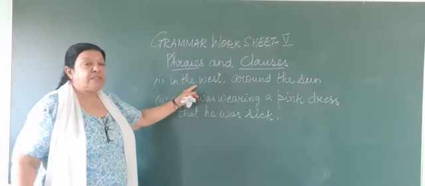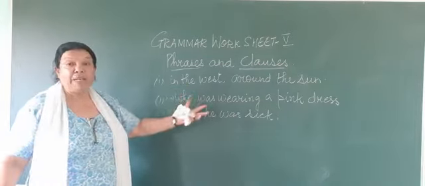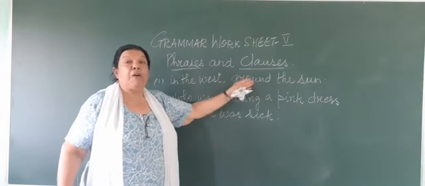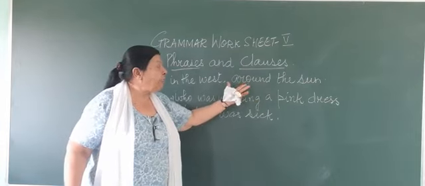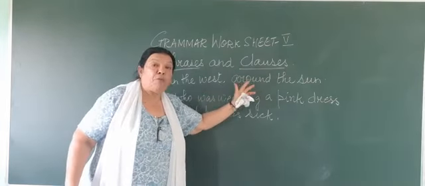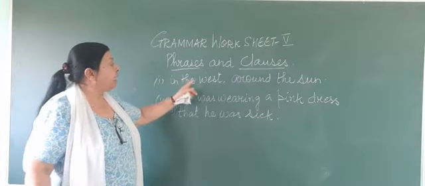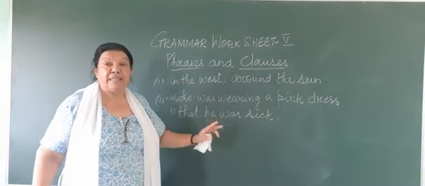In the west, something is happening in the west, something might have happened in the west, or around the sun, perhaps something is going around the sun. So we will see that this group of words on its own does not make complete sense.